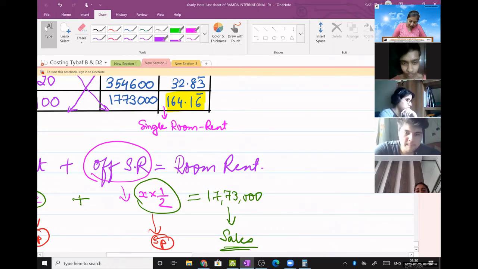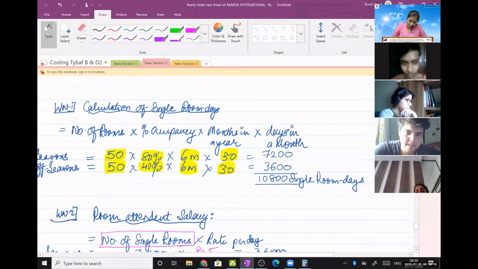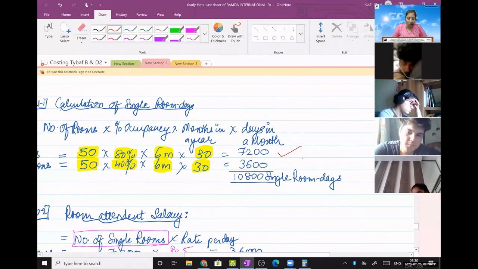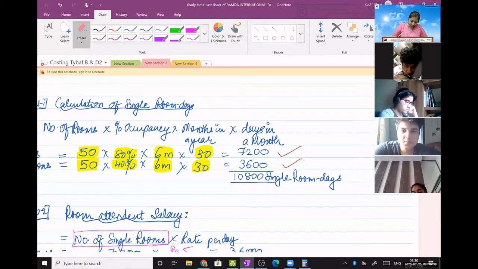तो जो हम ये कैलकुलेट करते हैं, कैलकुलेशन ऑफ सिंगल रूम डेज, दिस इज नथिंग बट द क्वांटिटी. दिस इज कॉल्ड एज सेलिंग क्वांटिटी. ओके, सो ये रहा, this is my seasonal selling quantity and this is my off season selling quantity, 7,200 and 3,600.